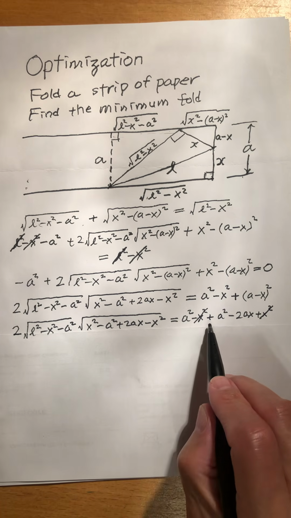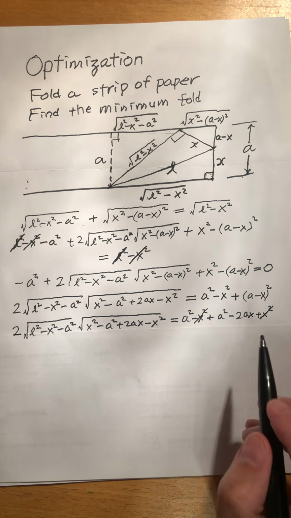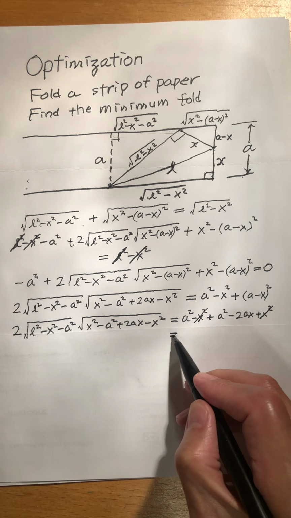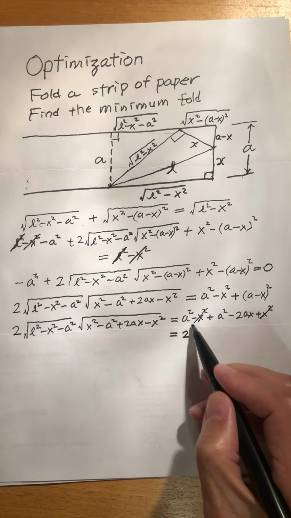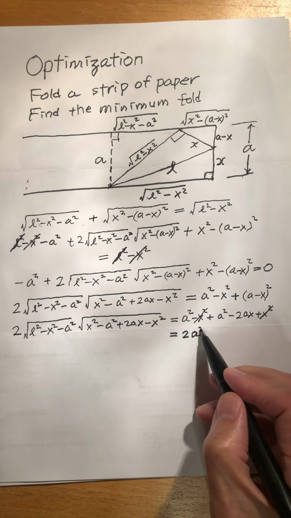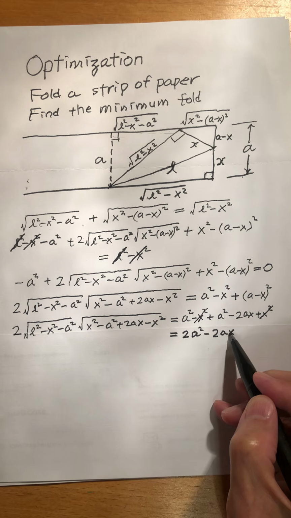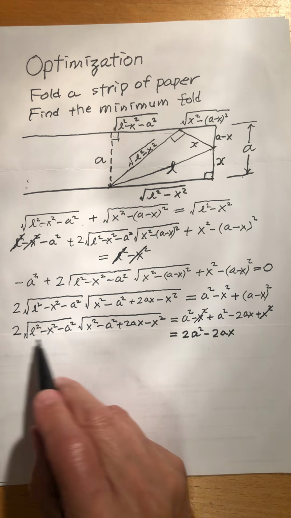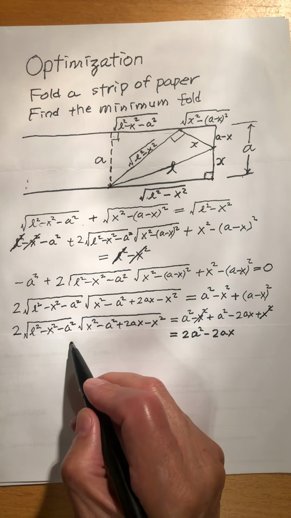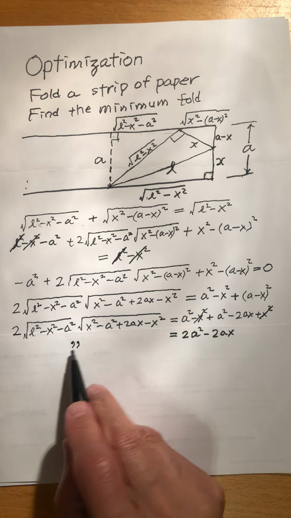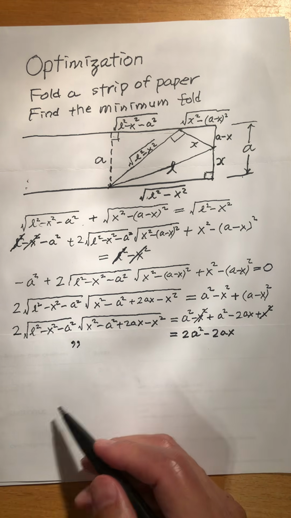I have a squared plus a squared, so I have 2a squared, minus 2ax. And this part is still the same, so I just do this, it's the same.